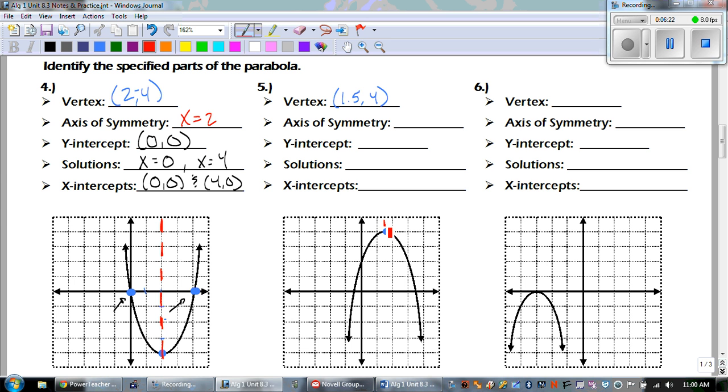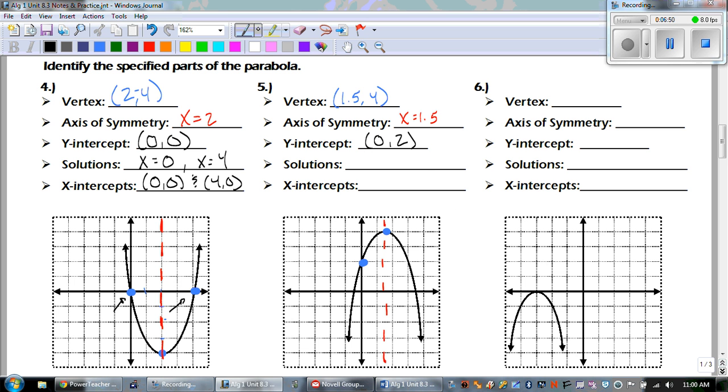Now, remember our axis of symmetry goes through the x value, so that equation would be x equals 1.5. All right, now let's look at the y-intercept. There it is. And what is that value? Yeah, that's the point (0, 2).